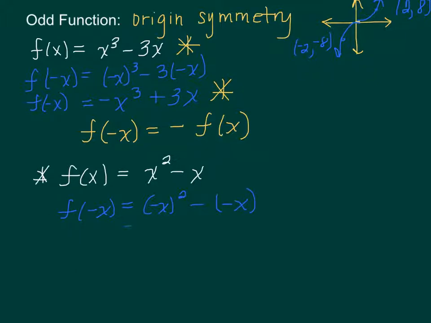And I change the x's, and then we would have gotten x squared, and this will become positive x. Now, if you notice, this term changed, but this one didn't. So anytime that only one changes and the other doesn't, that is neither symmetry.